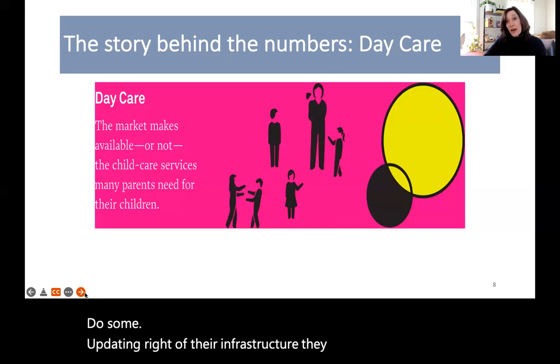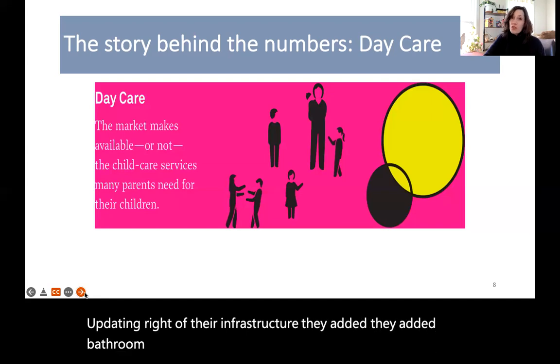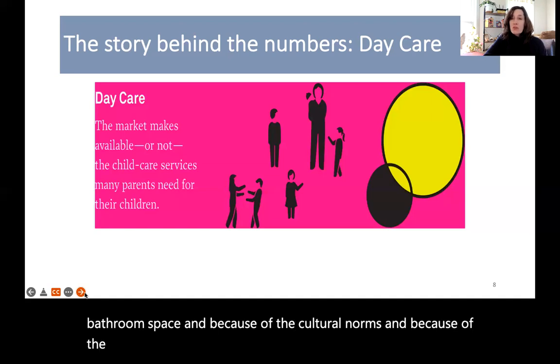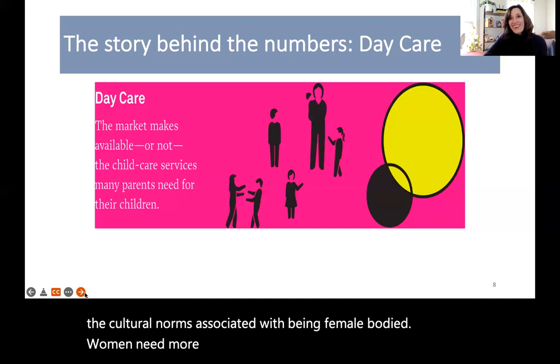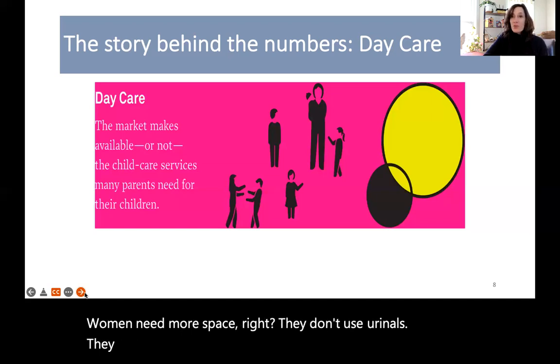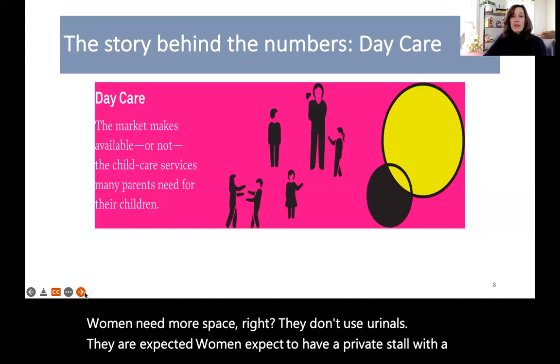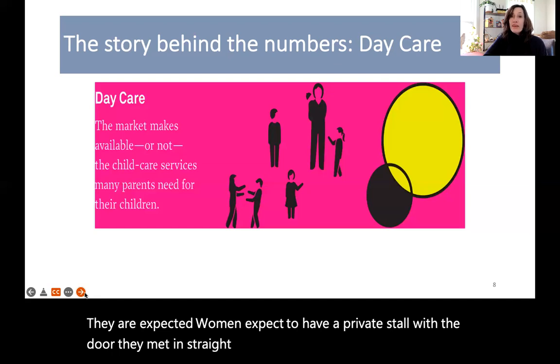They added bathroom space, and because of the cultural norms associated with being female bodied, women need more space, right? They don't use urinals. Women expect to have a private stall with a door. They menstruate, etc. So they have different needs.